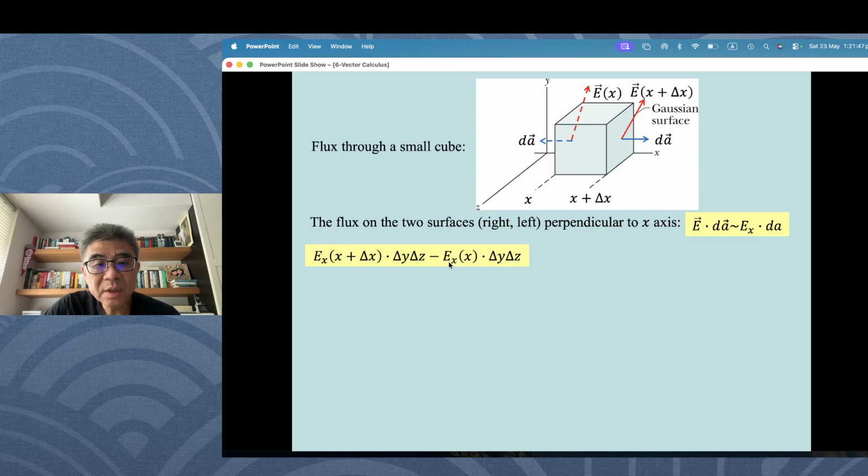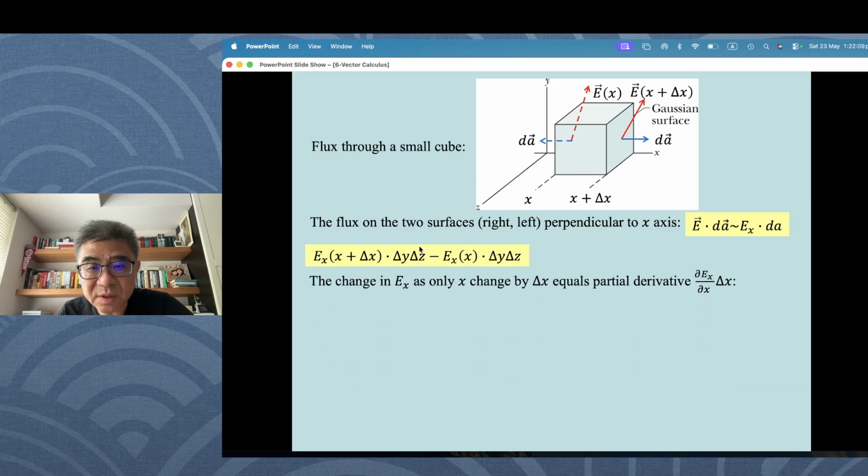But remember, this Ex will be the electric field on the left surface. Therefore, it is evaluated at coordinate x instead of x plus delta x. Therefore, there is a difference between the electric fields, and therefore there's a difference between the two electric fluxes.